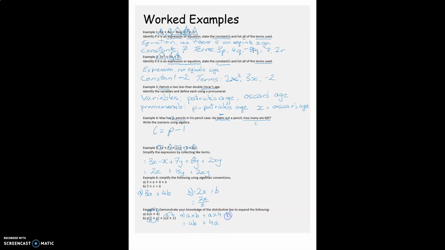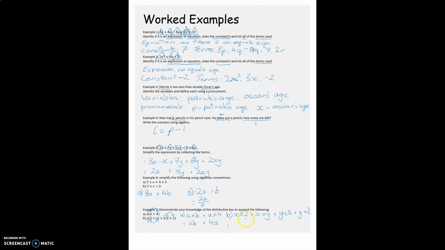For B, we have x times 2 plus x times y. We also have y times x plus y times 2.